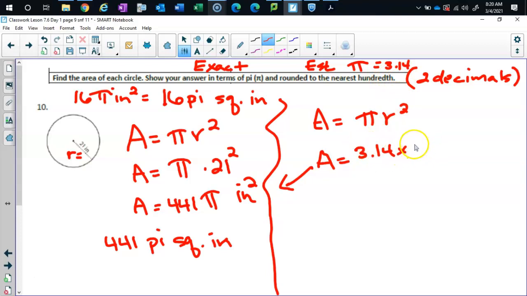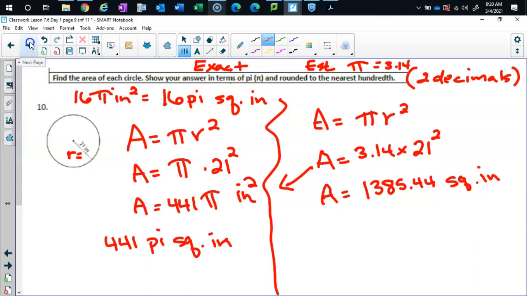So 3.14 times 21 squared. When you punch that into your calculator, you are going to get 1,385.44 square inches.